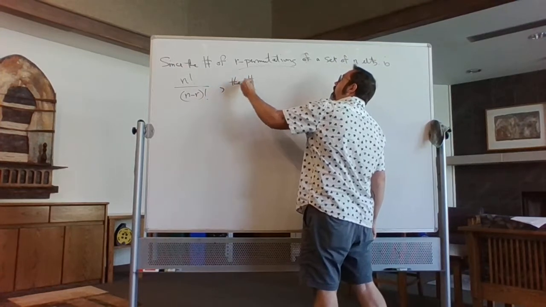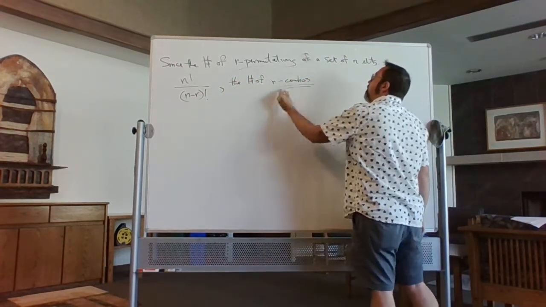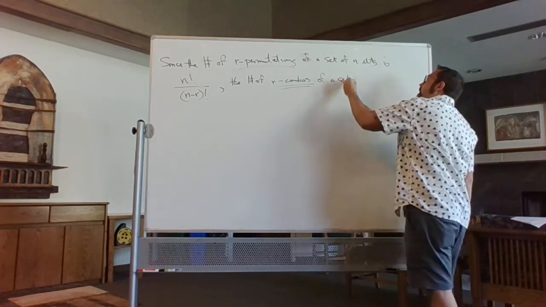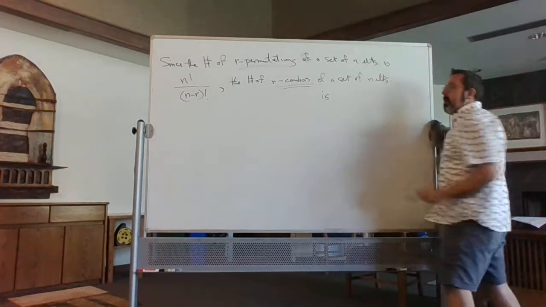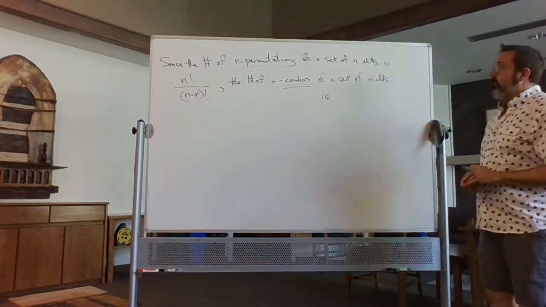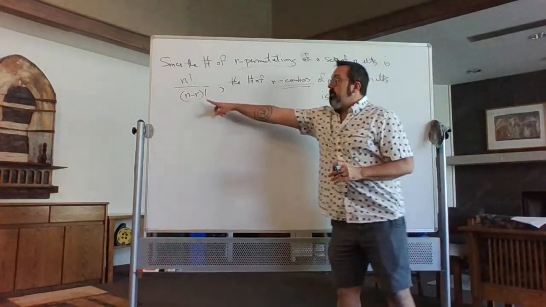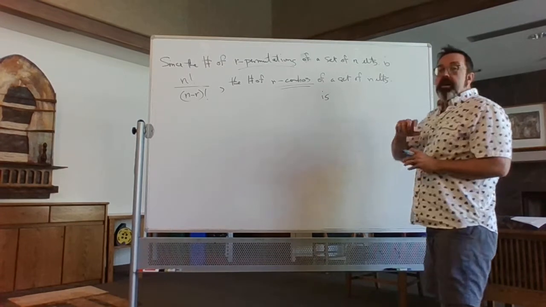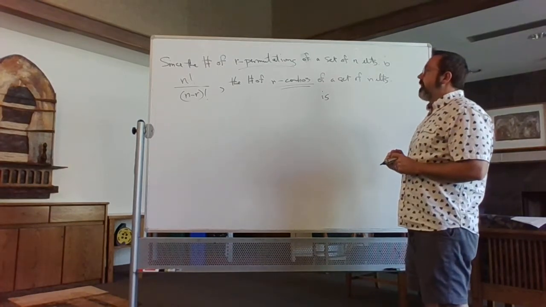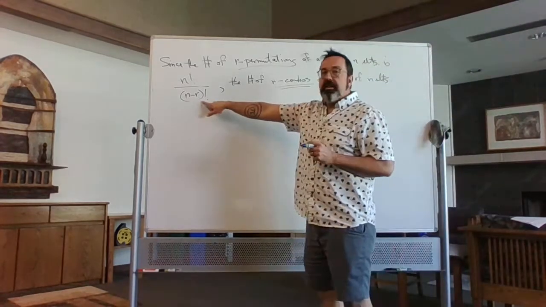The number of r combinations of a set of n elements is, again, we have fewer of them because now order doesn't matter anymore. And for every one of these, what do I want to say? Yes, every one of these collapses.